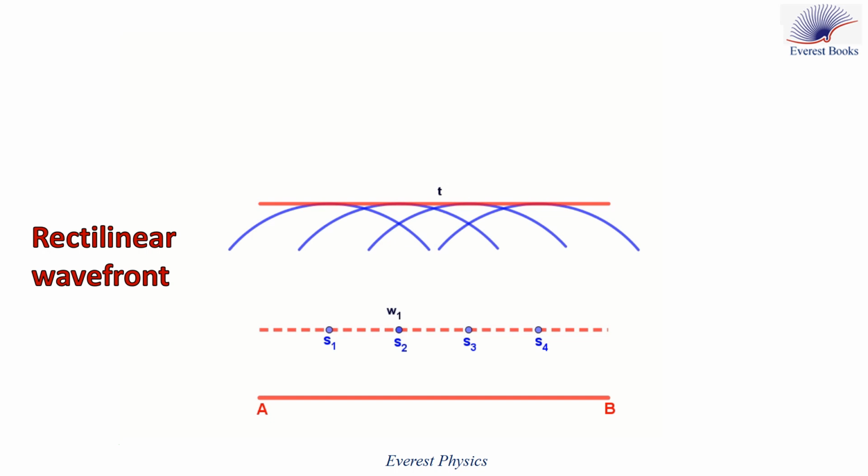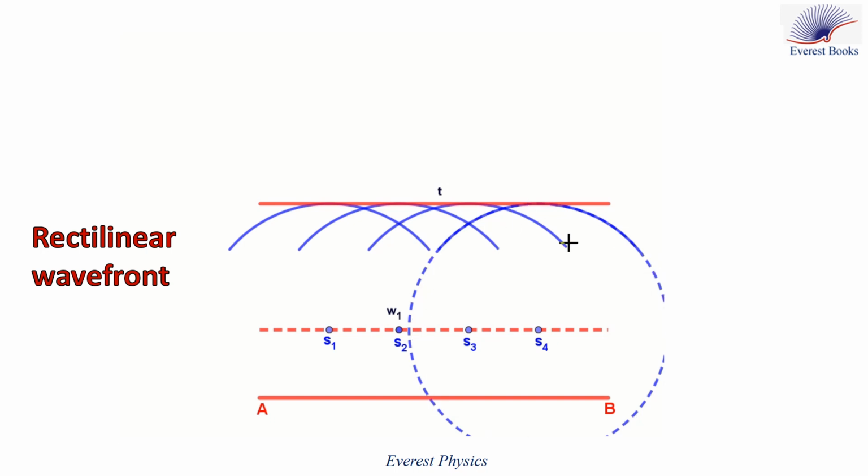At a later time, the new position of the wavefront is the surface formed by the tangents of these wavelets. For clarity, only 4 secondary sources are drawn on W1. Each one of these sources is a center of one wavelet. Look at S4. S4 is the center of this wavelet.